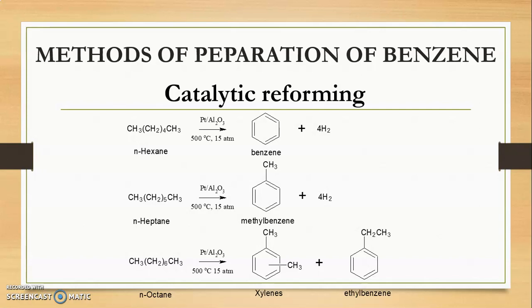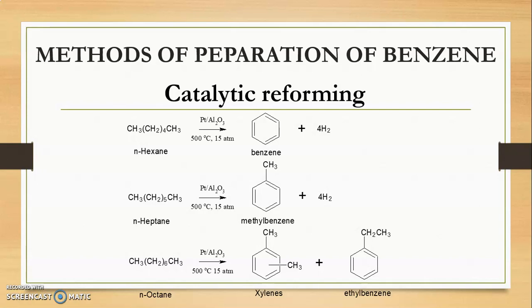About 60% of commercial production of benzene is carried out by using this catalytic reforming. So this is one of the most important methods used for the preparation of benzene, where the petroleum fraction available in the range of 60 to 200 degrees Celsius is first collected.